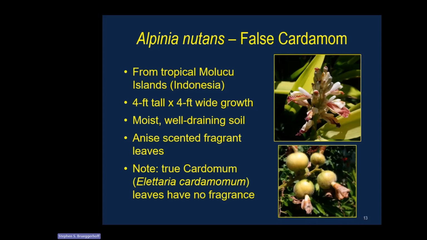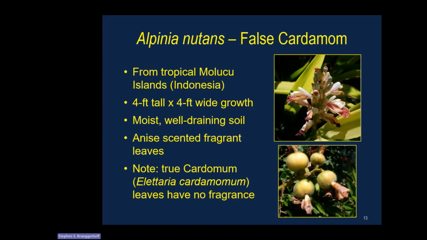This is the fruiting structure of the false cardamom, and that's the flower of it. The basic difference between the two is true cardamom has no scent to its leaves, right? It's all about the fruit that it produces. So I find that fascinating and very interesting, and it's good to know that we can grow a plant that has a great fragrance. The flowers aren't something to write home to mom about, but it's that fragrance that I get from the leaves that keeps it in my backyard.